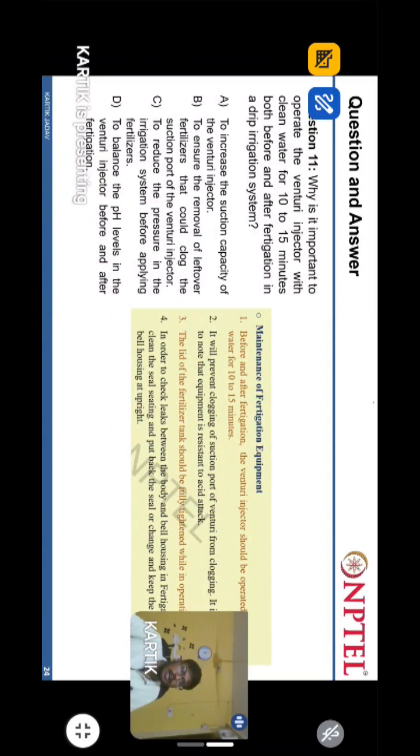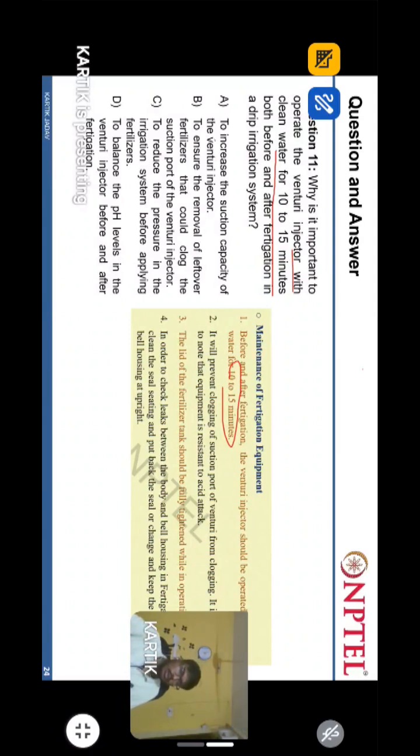Next question. Why is it important to operate the Venturi injector with clean water for 10 to 15 minutes before and after irrigation? So before and after irrigation, the Venturi injector should be operated for 10 to 15 minutes. We have learned that, but they are asking the reason.